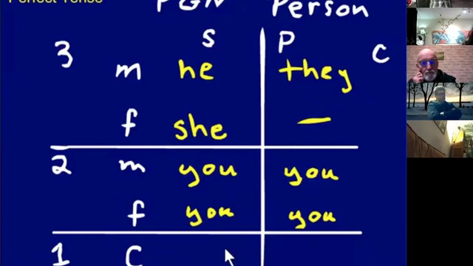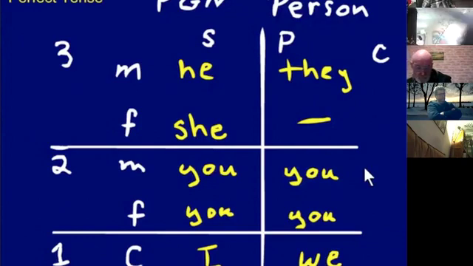Okay, so that's second person. First person, there's no distinction in gender, so we just use I for the singular, and we use we for the plural. These are the translations. So this is the paradigm grid that we will use for the perfect and for the imperfect. As we move down the forms, some of them won't have all these parts.